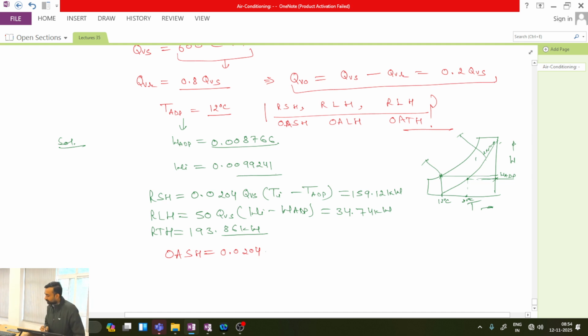Then what will I get here? 0.2 of QVS, into QV naught. QV naught is 0.2 of QVS, multiplied by (45 minus T naught, minus Ti). If you refer to the previous lecture, we have derived these formulas. What will be OALH?